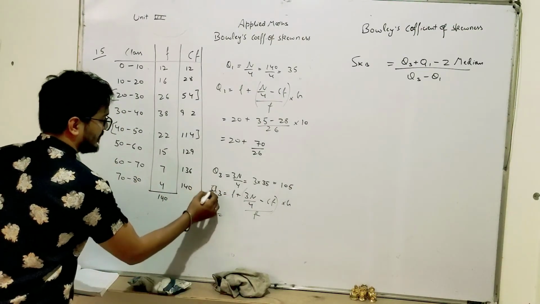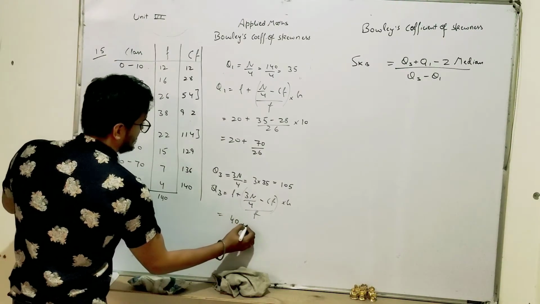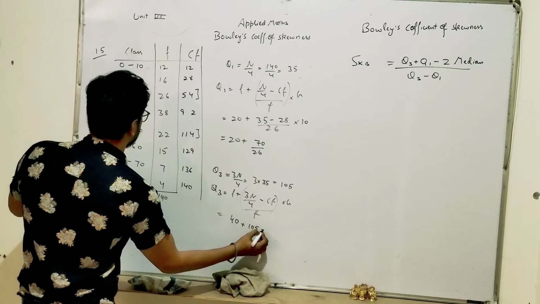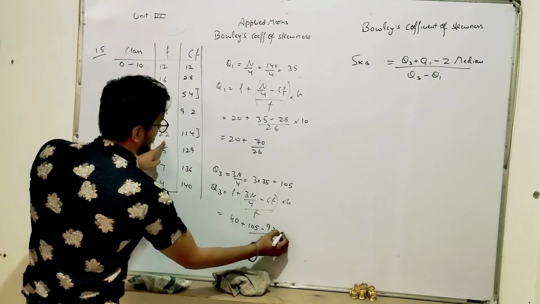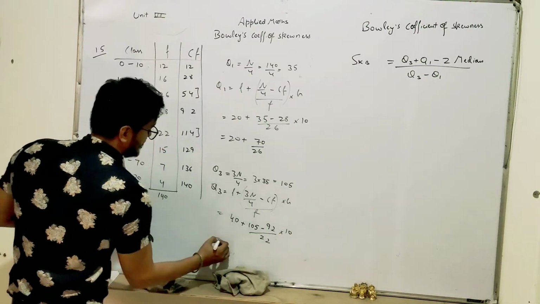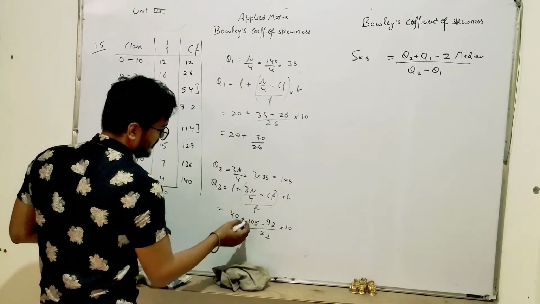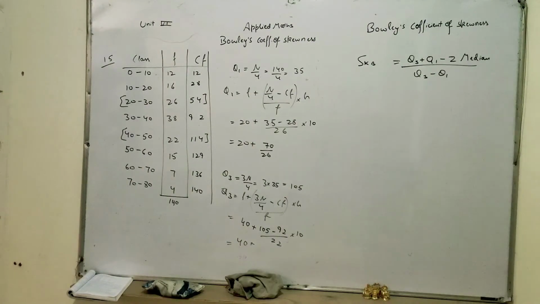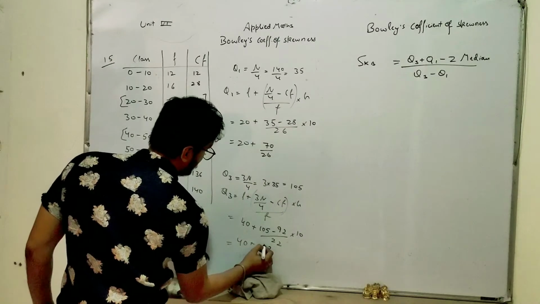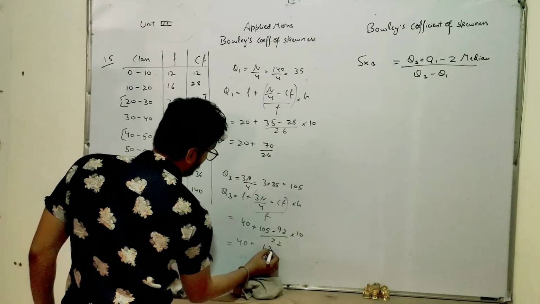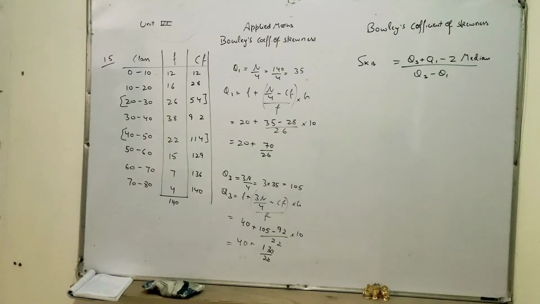The L value is the lower limit, 40, plus 105 minus CF 92, upon F 22, multiplied by H which is 10. So 40 plus 105 minus 92 is 13, so 130 upon 22.